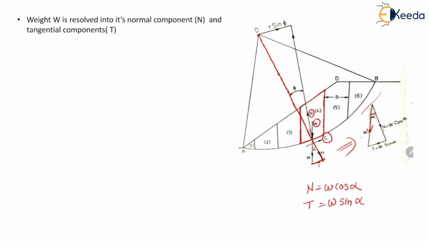And here this line indicates the direction of reaction R. Now we will draw a line from point O such that this line will be perpendicular to reaction R. So this distance will be equal to R sin phi. In short, if we draw a circle with center O and radius R sin phi, then this reaction R will be tangential to this circle.